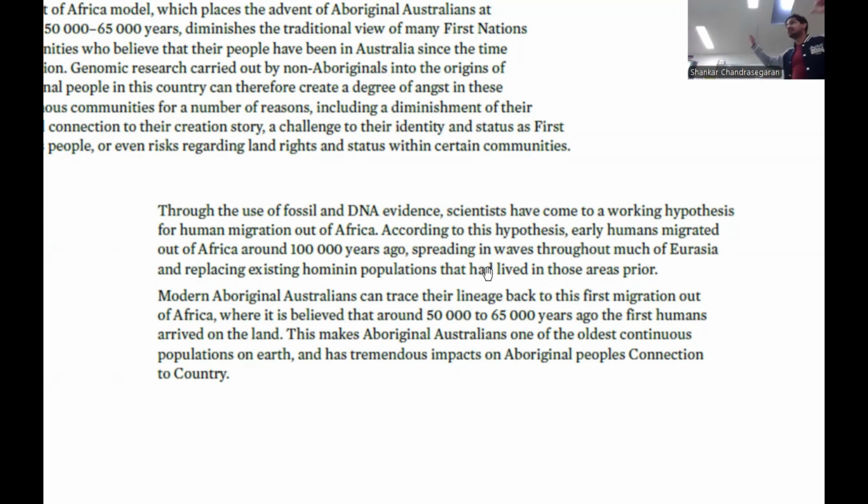Basically, all the different species of Homo that had already migrated, from Homo erectus to Homo neanderthals, Homo heidelbergensis, Homo habilis, eventually got replaced by Homo sapiens when they migrated out as well.